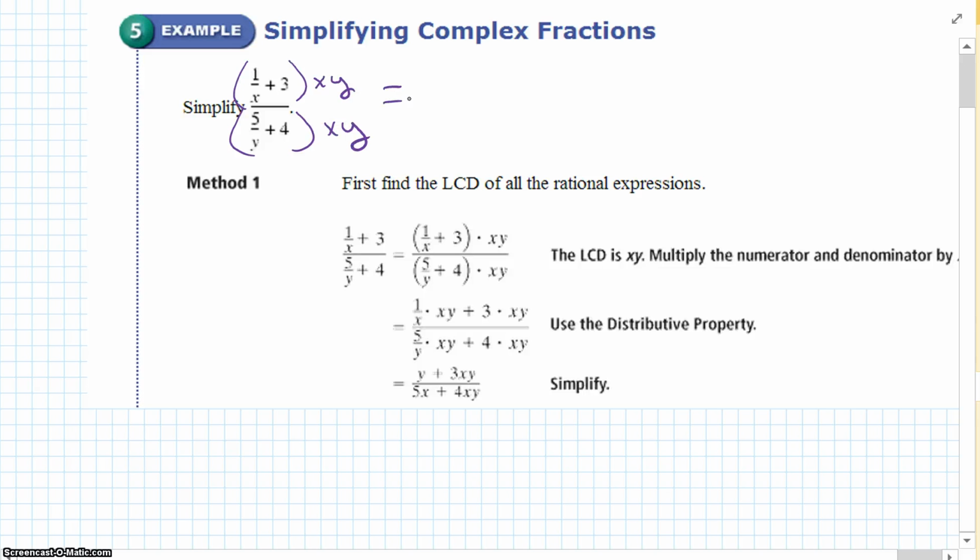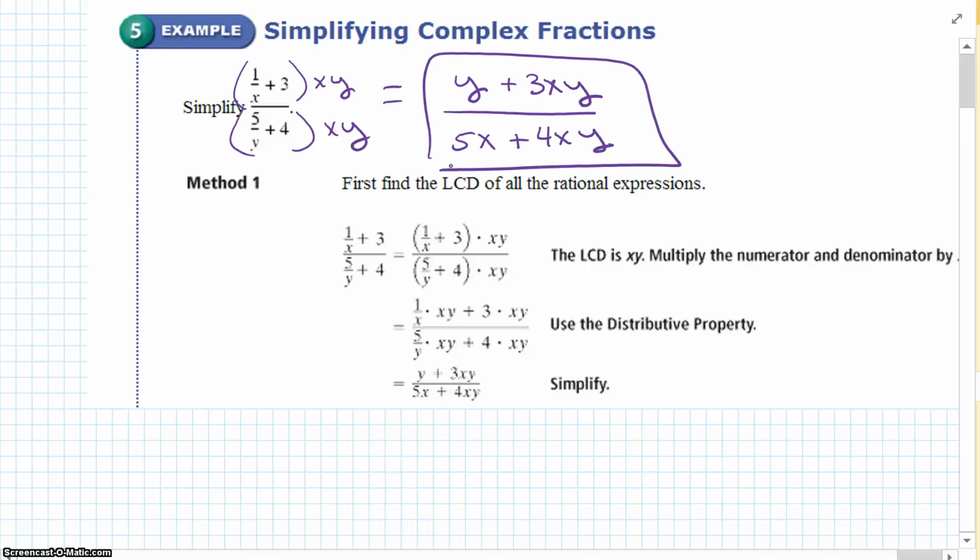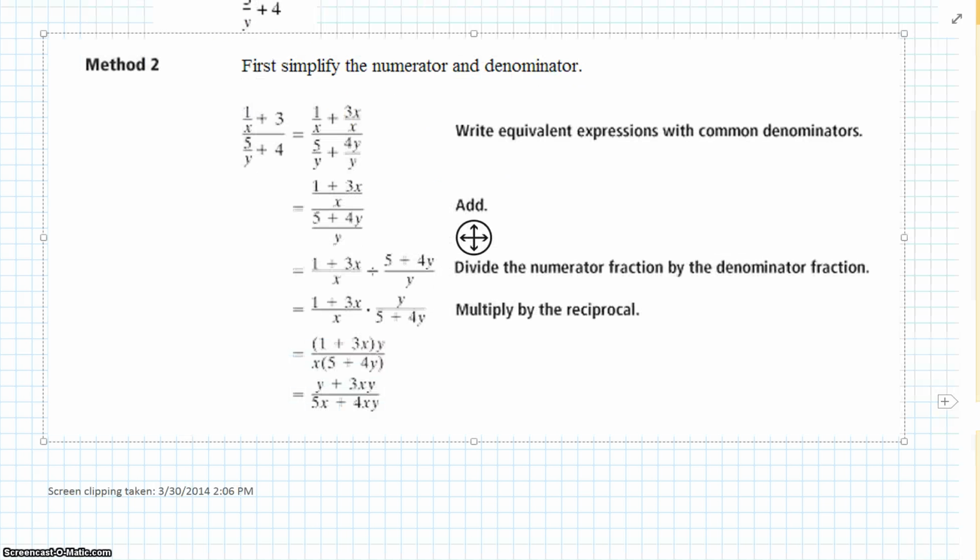So now I'm going to get this on the numerator: y, because xy times 1 over x is that, plus 3xy. The next one I'm going to get 5x plus 4xy, using the distributive property.